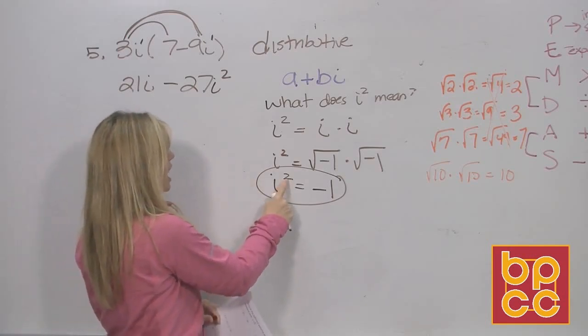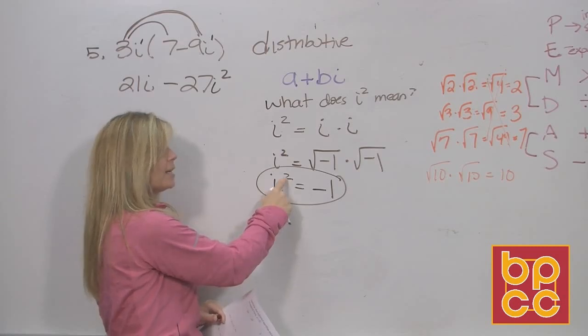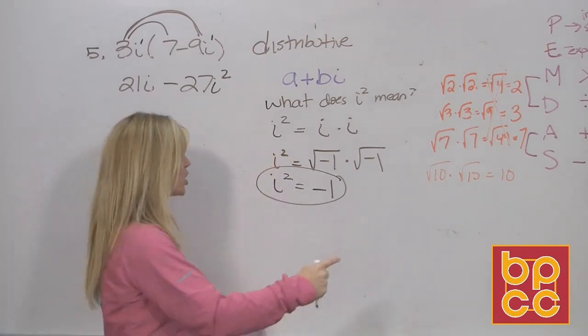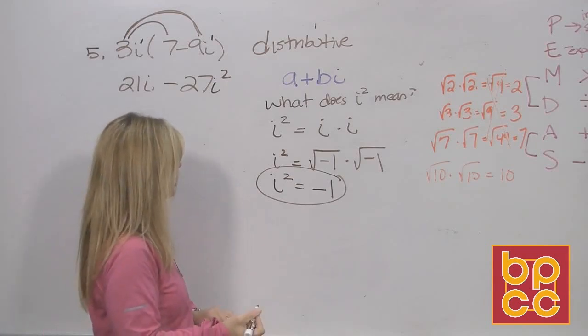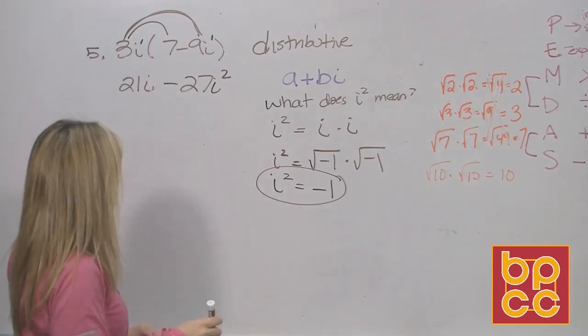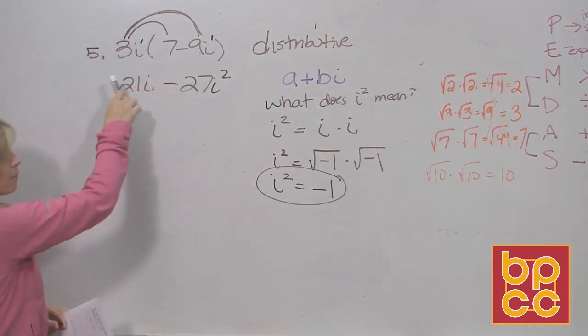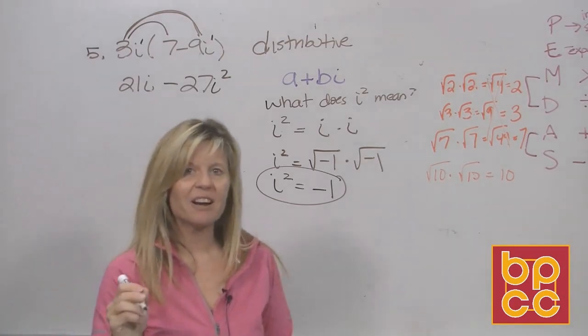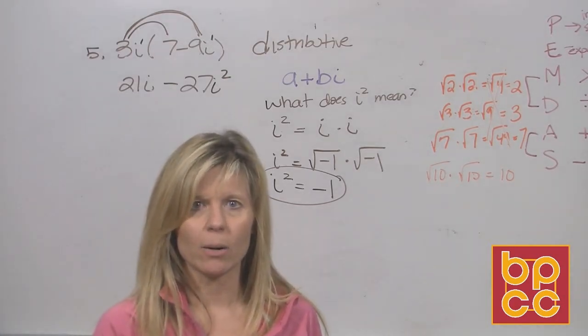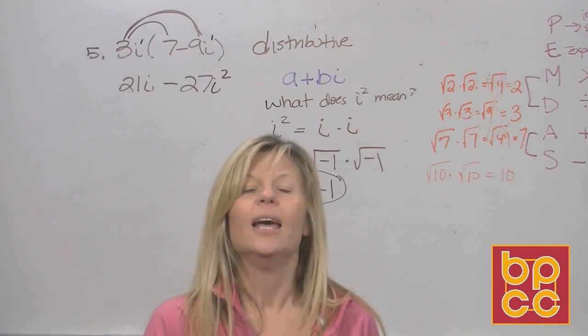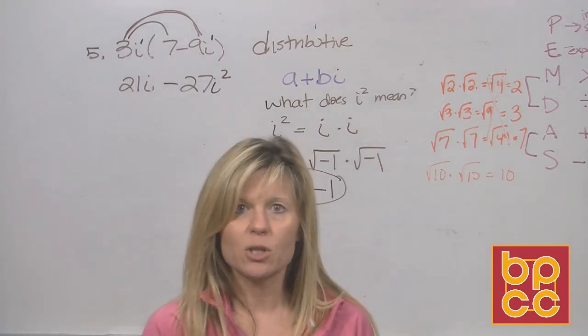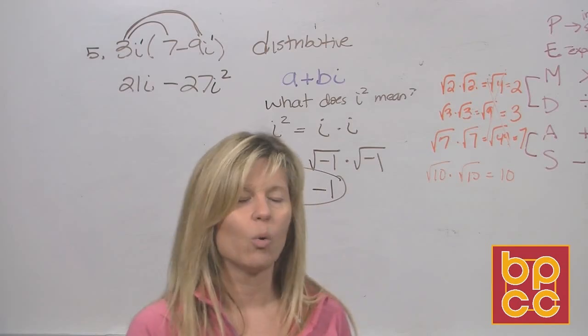Every time you see an i squared, you can replace it, substitute it, exchange it for this number, -1, which is on our number line. That's a real number. So when you're working with imaginary numbers, you should never, ever, ever leave an i squared. Every time you see an i squared, you're going to replace it with the number -1.